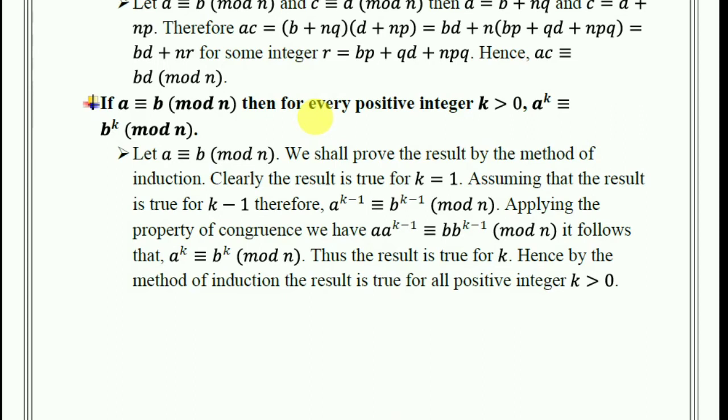If I distribute this bracket, I can take n common from the rest of the terms, so I can write bd plus nr, where r is some integer. It means ac is equal to bd plus nr. It means ac is congruent to bd mod n by definition 2.